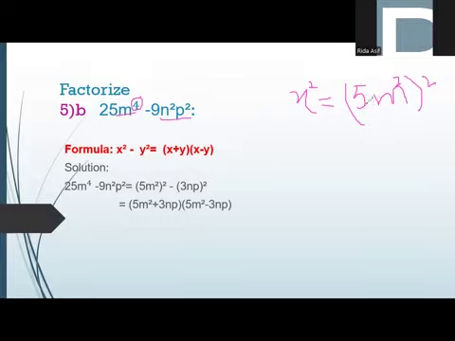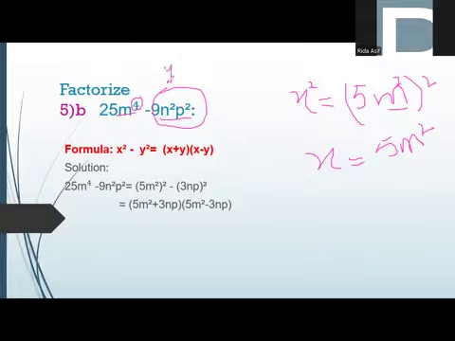So 5 square, m square whole square. Right? So x square is equal to 5m square whole square. So x will be equal to 5m square.